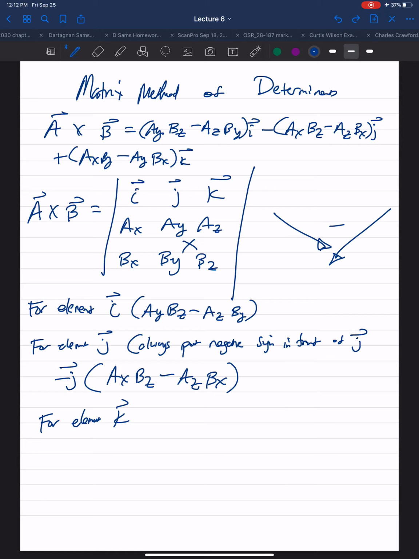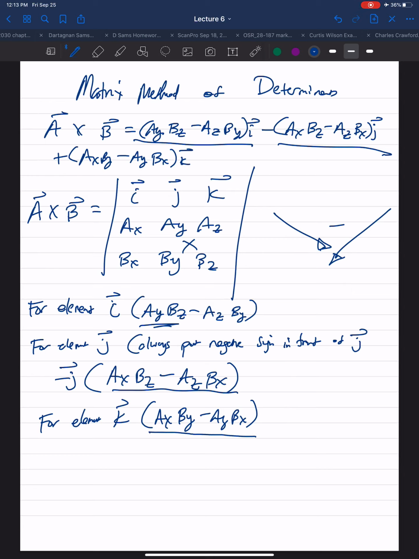So for k, that would be AX BY minus AY BX. And as you see, this is exactly what we did the long way. We have AY BZ minus AZ BY, as here. You have AX BZ minus AZ BX, as here. You have AX BY minus AY BX, that's here. So determinants are a quick way of doing the cross product of vectors.